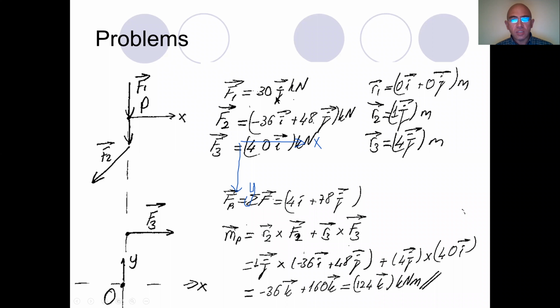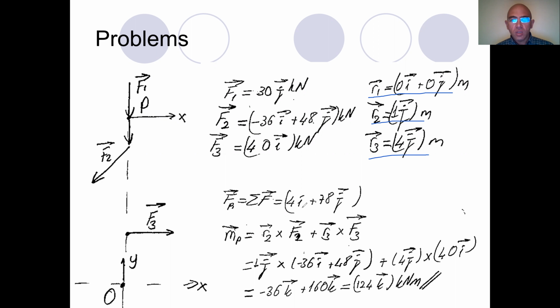Now in fact F1 is 30j kilonewtons, F2 is equal to minus 36i plus 48j vector, and F3 is equal to 40i kilonewtons. Now the position vectors are like this. R1 is 0i, 0j, R2 is equal to 1j, and R3 is equal to 4j.